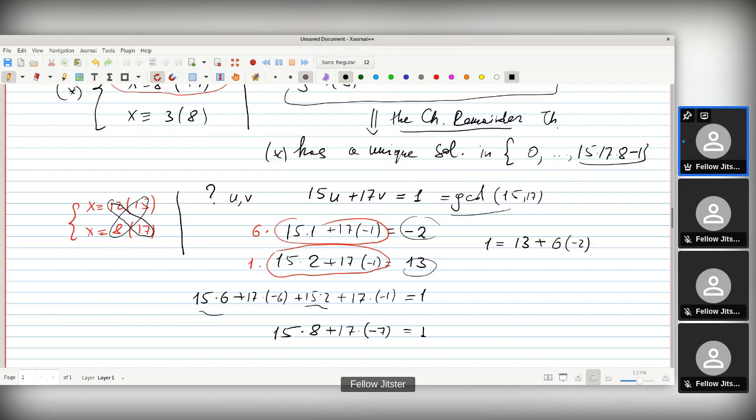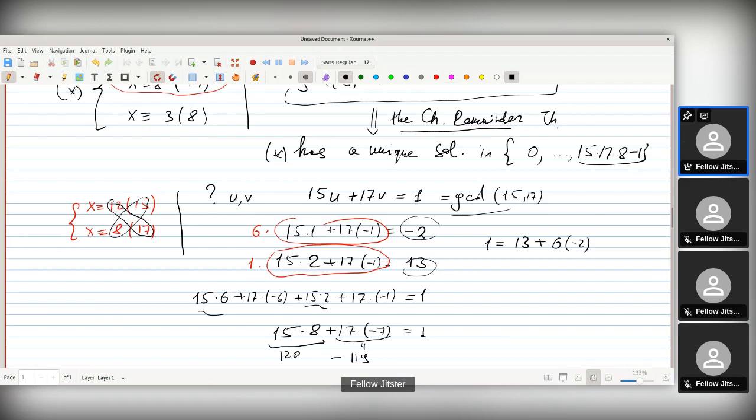Is it true? What is 15 multiplied by 8? 120. What is 17 multiplied by 7? Minus 70 plus 49. So it is 119. Do you agree? Yes. So it is 1.